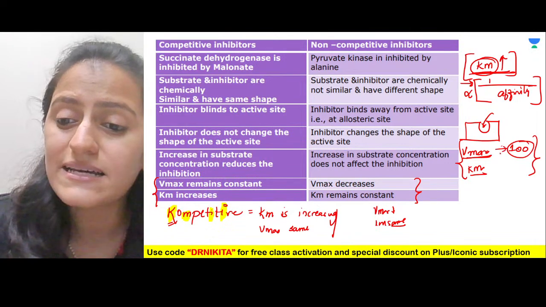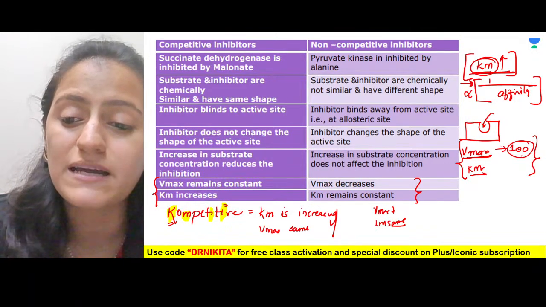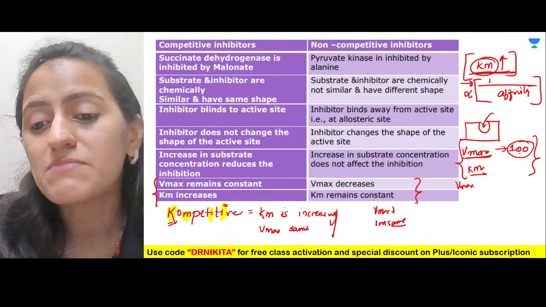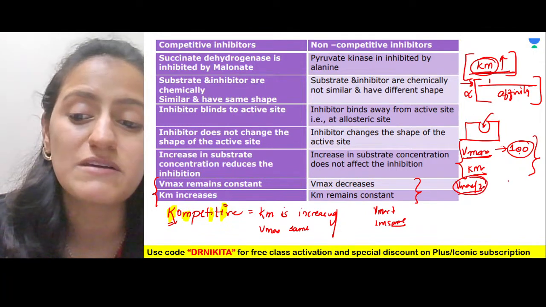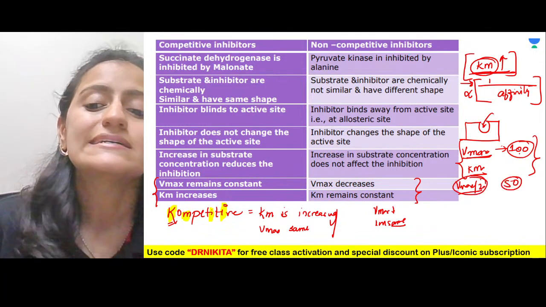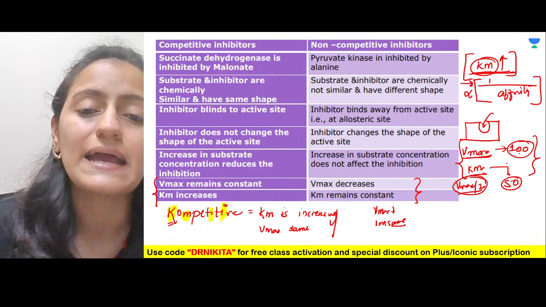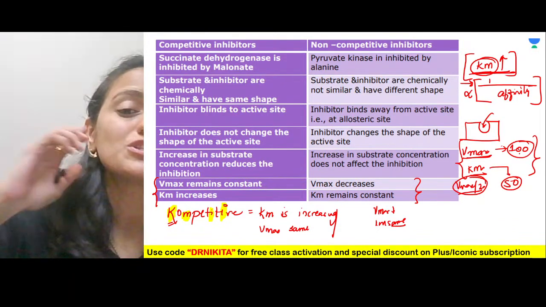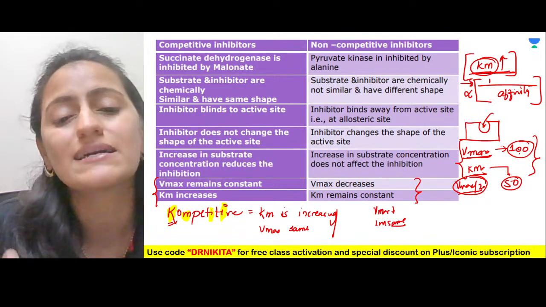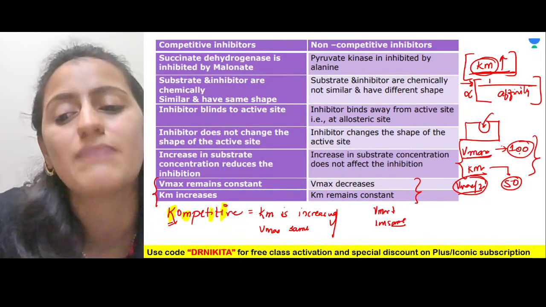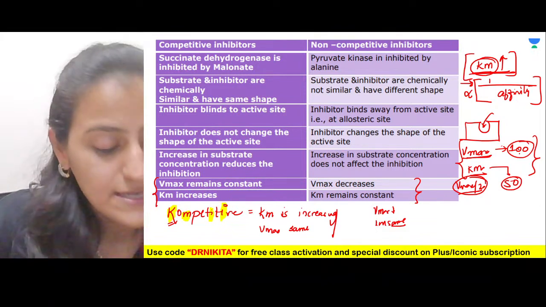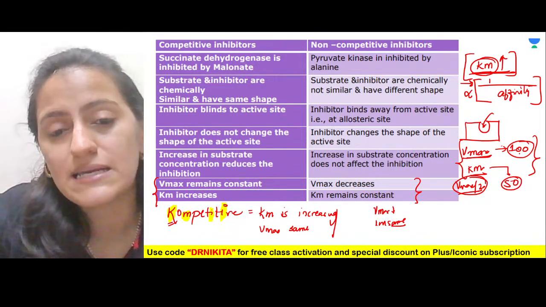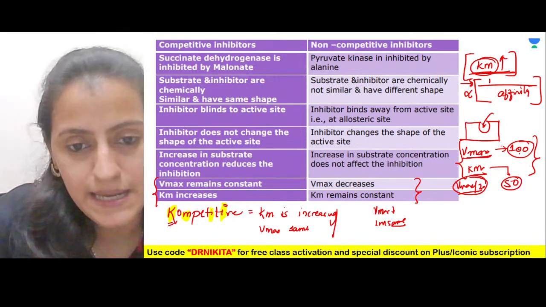Suppose at Vmax the concentration is 100; at Vmax by 2, half the Vmax, it is 50 concentration. So remember, Km is the concentration of the substrate at which the reaction rate is half the Vmax. Okay, that is what Km is.